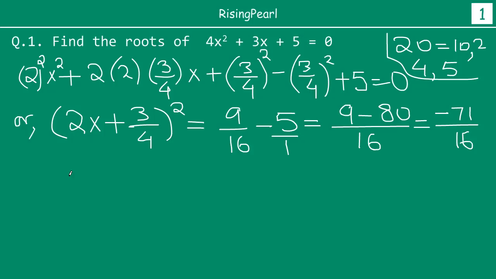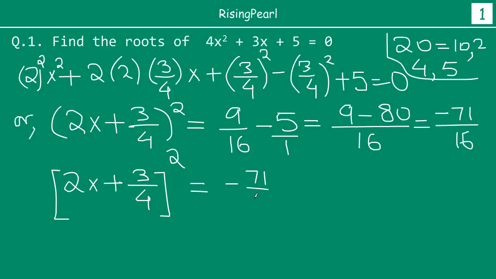So what we have, friends, is 2x plus 3 by 4, this whole square, is equal to minus 71 by 16.